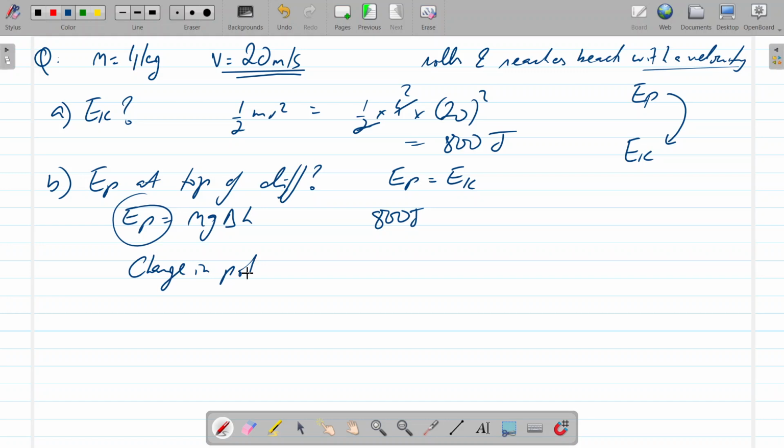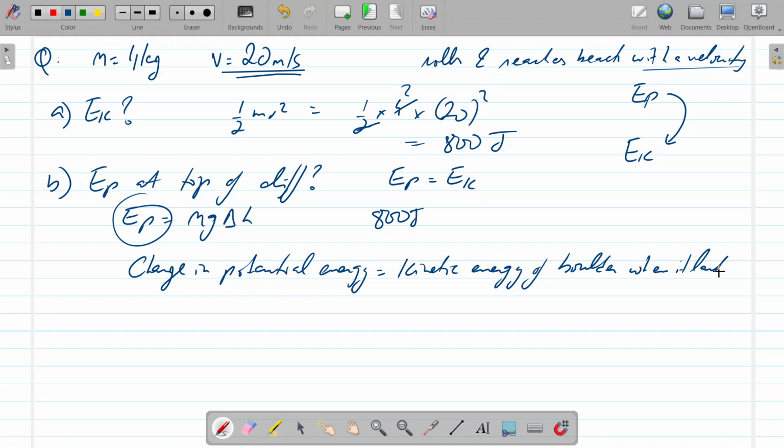Change in potential energy equals kinetic energy of boulder when it lands. And so you plug in that and you simply give the value. There's no calculation in this part. It's just concept.